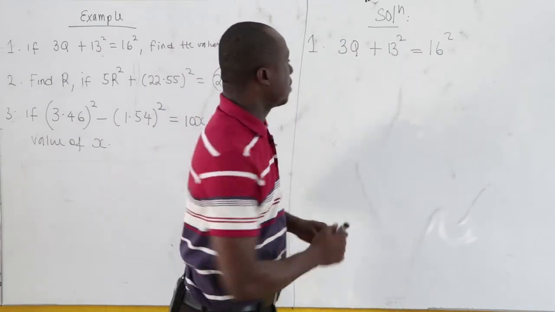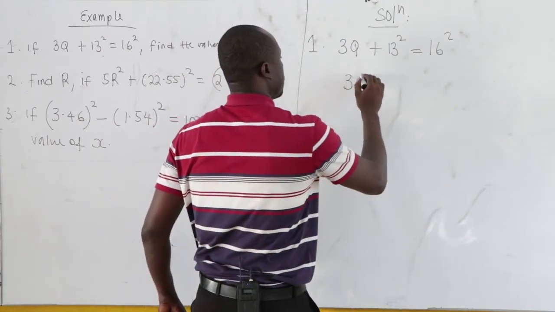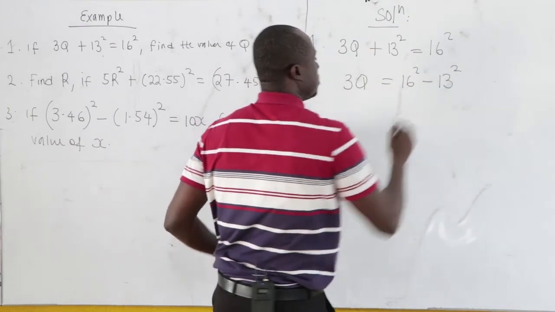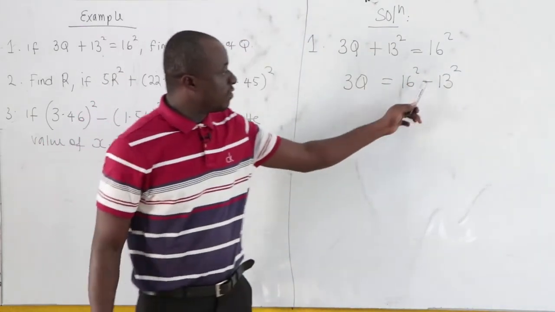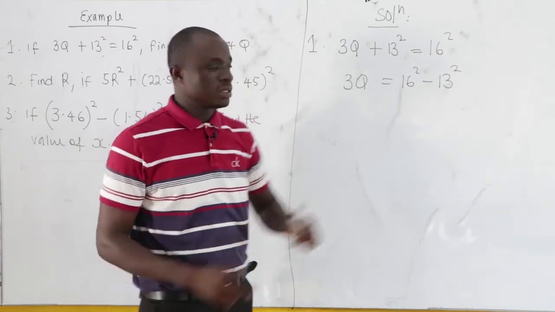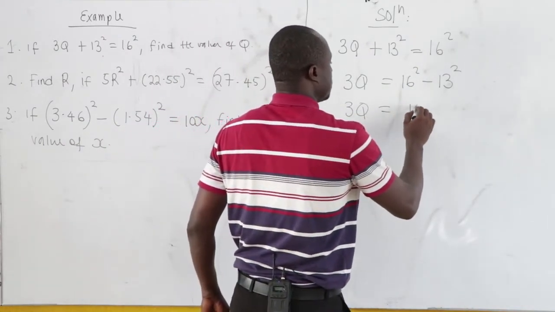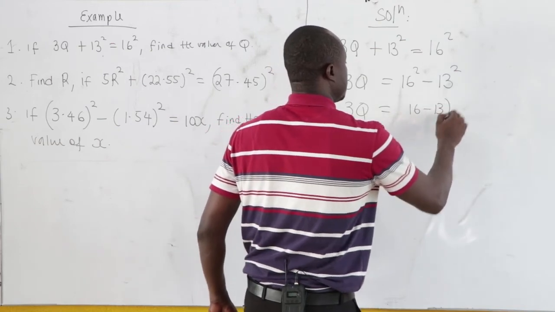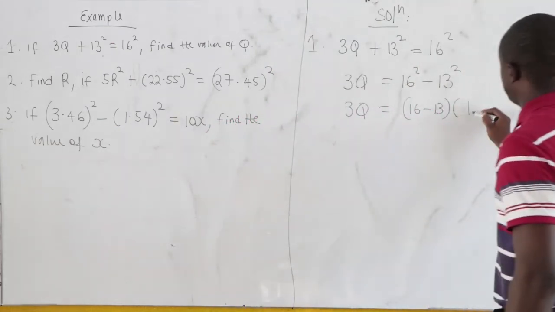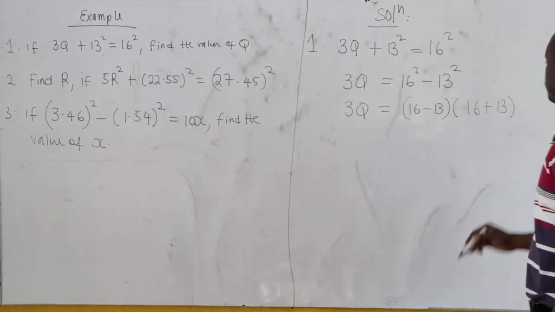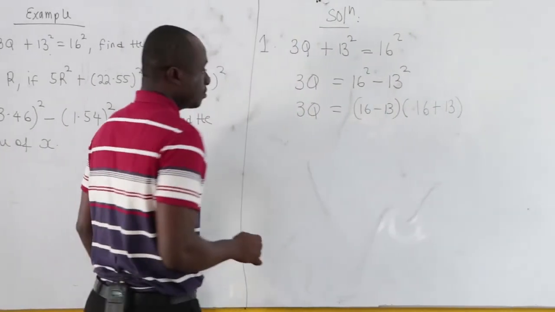Now let me group like terms, so I'll get 3q equal to 16² minus 13². What do I have here? Difference of two squares. So I have my 3q, and this will be just 16 minus 13, and then here I'll get 16 plus 13. Now, what do I have?